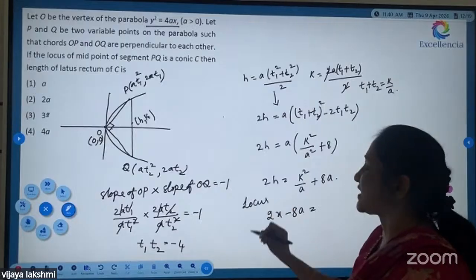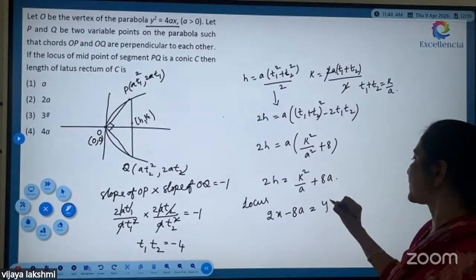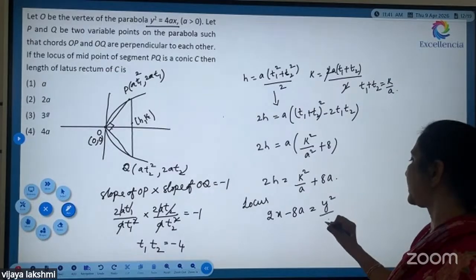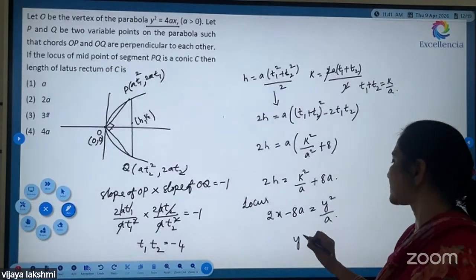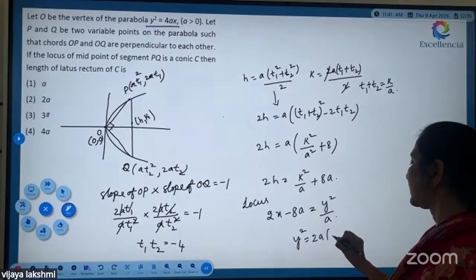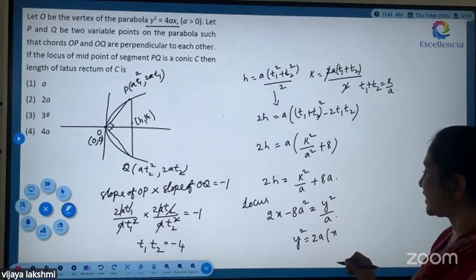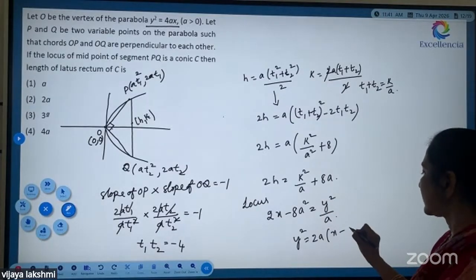I substitute x in the place of h. Then you can write it as y square by a. Then y square equal to, taking 2 common, a into x minus a into x over a.